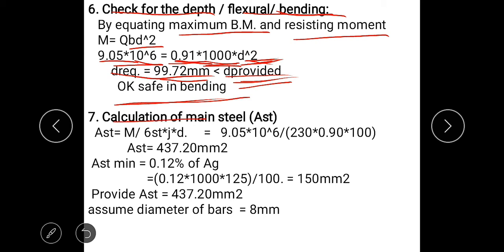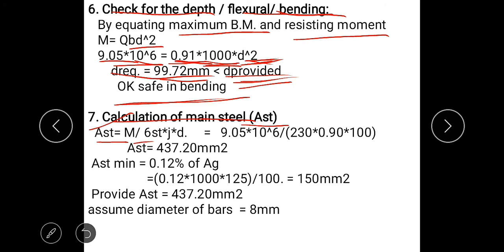In the 7th step we have to calculate the steel required for this slab: how many bars are required and the quantity of steel. We have to find the area of steel. The formula is Ast equals M divided by sigma st into j into d.